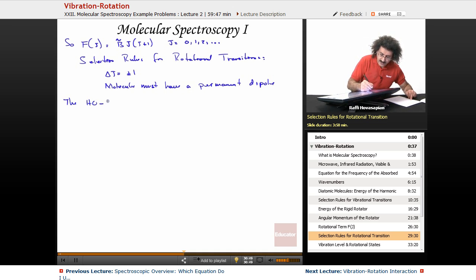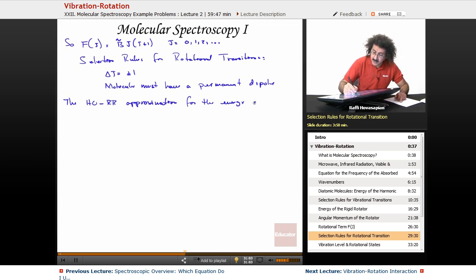So the harmonic oscillator rigid rotator approximation for the energy of the molecule is therefore the sum of the vibrational and rotational energies.